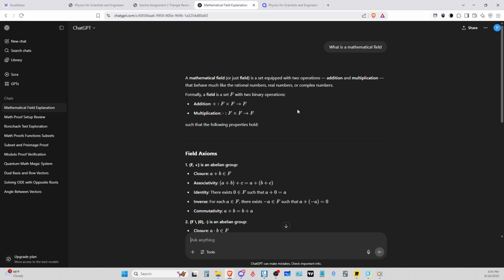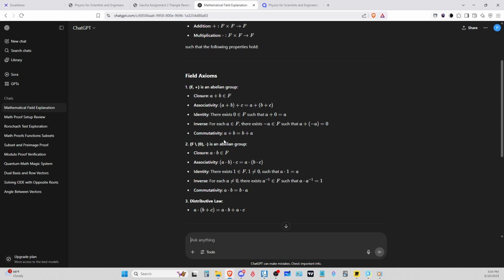A set F with two binary operations, addition, from F cross F leads to F, and multiplication.